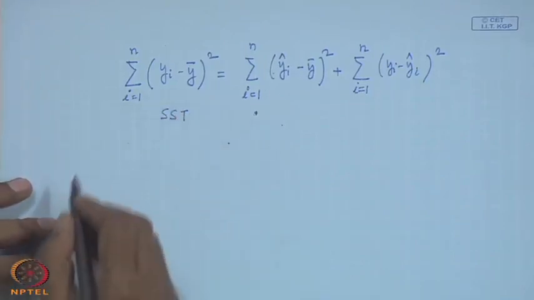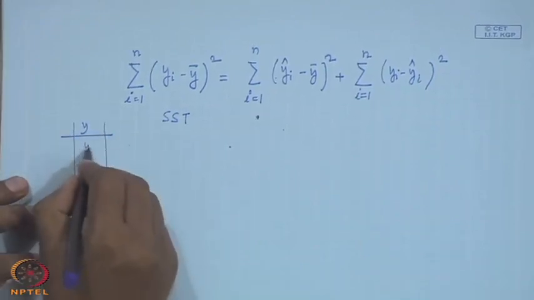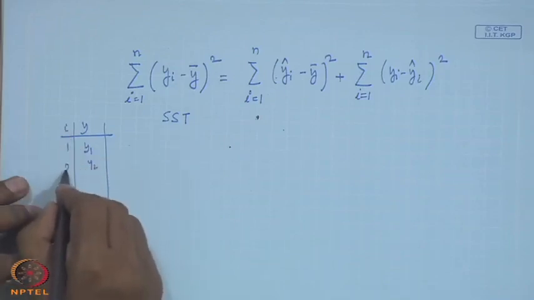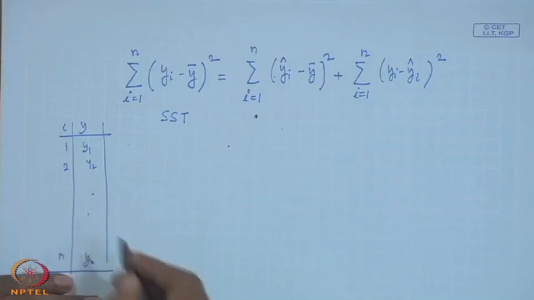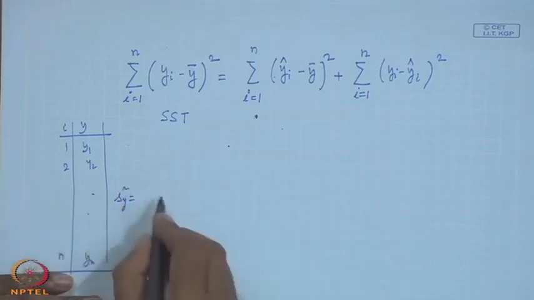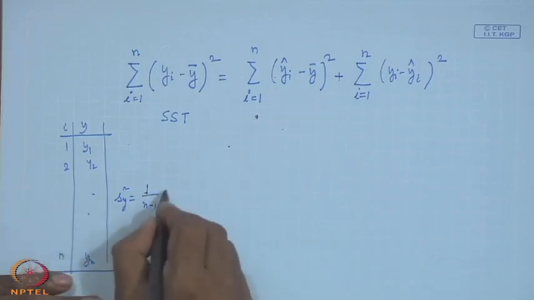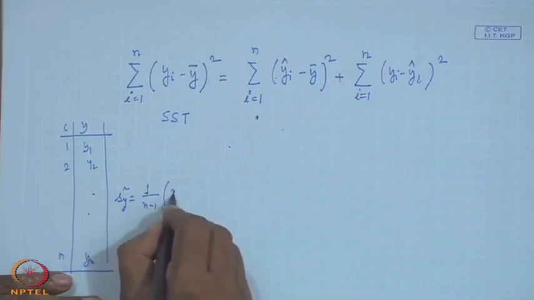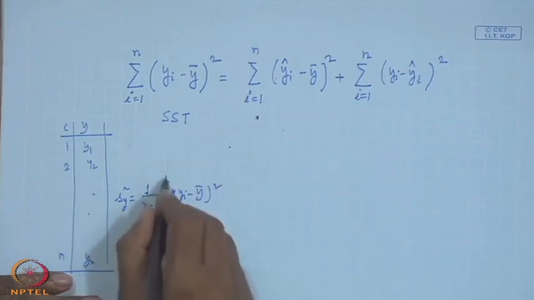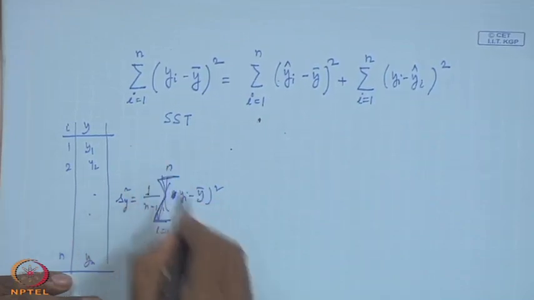Because if I have y with y1 to yn, i equal to 1 to n, and I am asking you what will be the variance component here, you will say 1 by n minus 1 into the sum of yi minus y bar square, i equal to 1 to n.